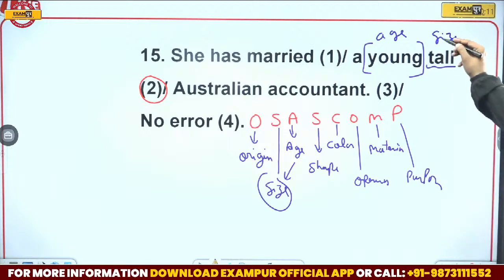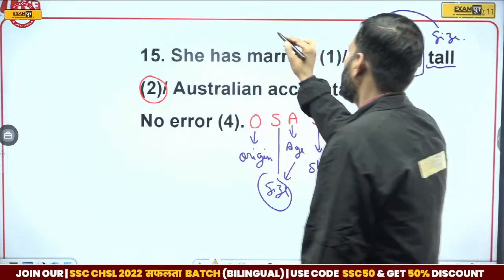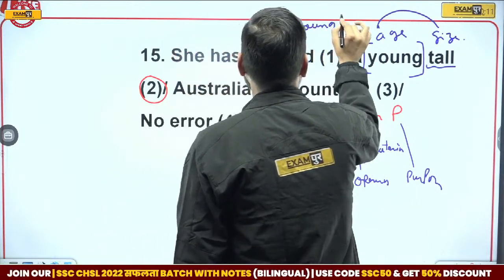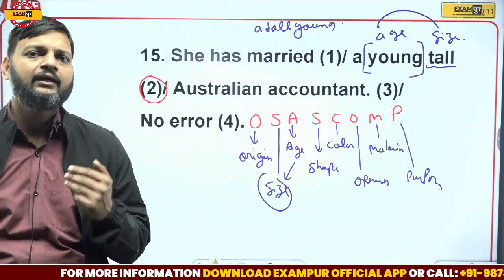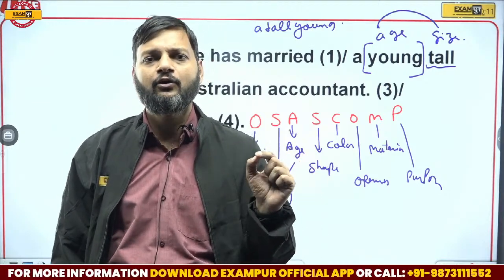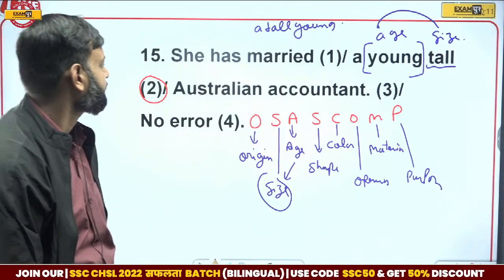So size should come before age. Okay, so the appropriate structure would be a tall young. This would be the appropriate structure because all the adjectives of qualities have a predefined order. Okay.